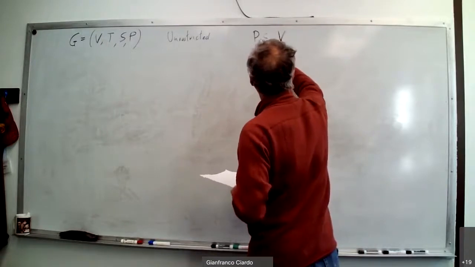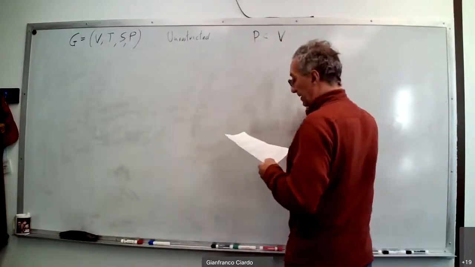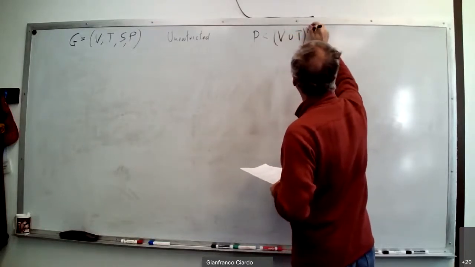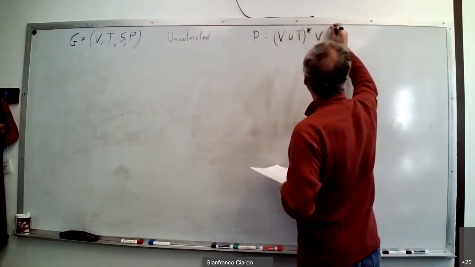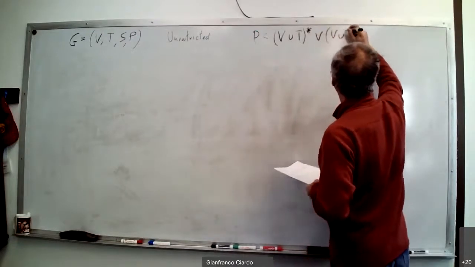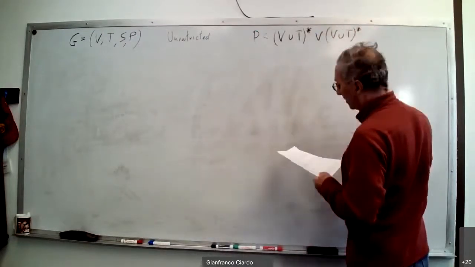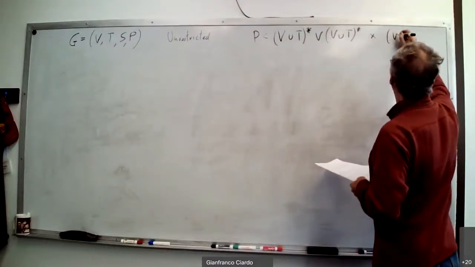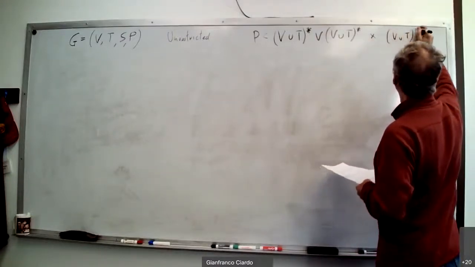Actually, it's going to be a finite subset of (V union T) star V (V union T) star cross (V union T) star.